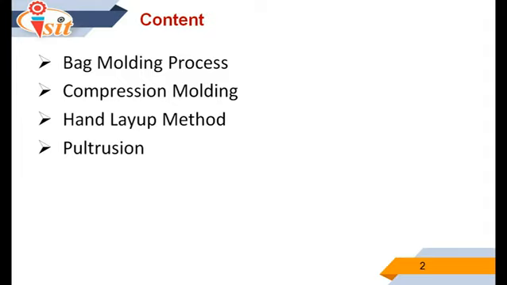In today's lecture, we are going to discuss different processes like compression molding, how we can go for the hand layup method, and how we can manufacture composite material through the pultrusion process. In the last lecture, the contents we discussed were related to bag molding.